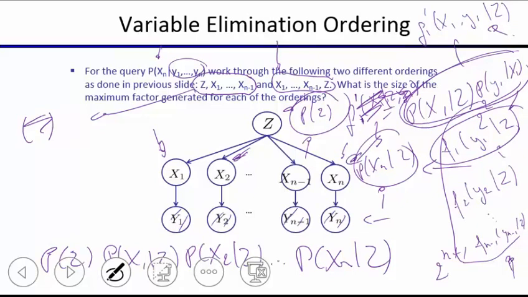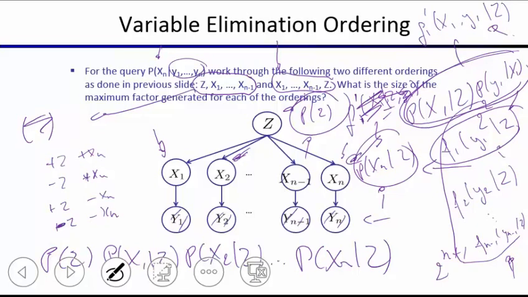We need to compute an entry for plus z plus xn, plus z negative xn, and so on. We need all 4 combinations, right? So you have 4 entries to compute: plus z plus xn, negative z plus xn, plus z negative xn, and negative z negative xn. Those are the 4 entries for which you need to compute a number.